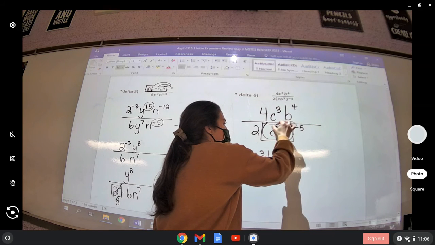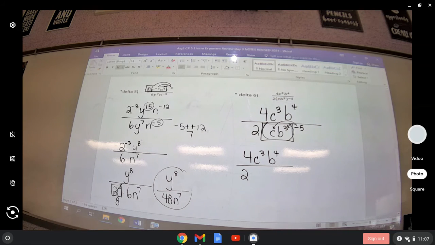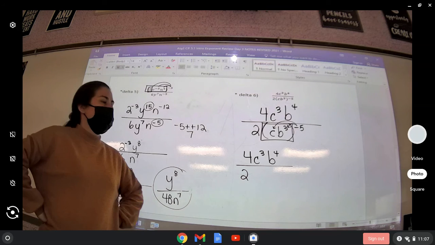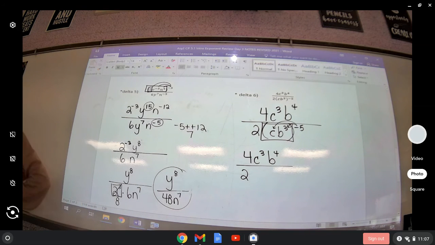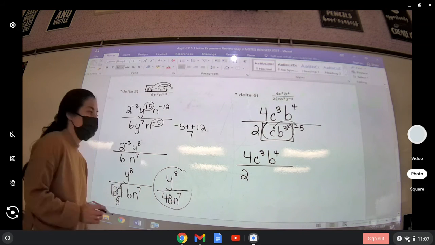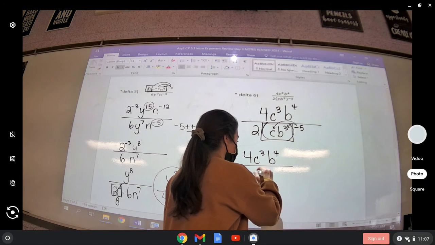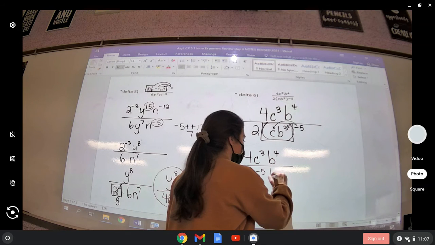We're giving the power of -5 to the C and the B to the 3rd. Alright, so you're going with 8, that's fine. Take down here, you're good with that. You don't distribute that in, it just stays there. The only thing you're going to do is what you did with this. Okay?